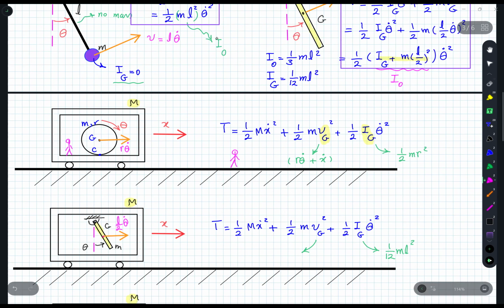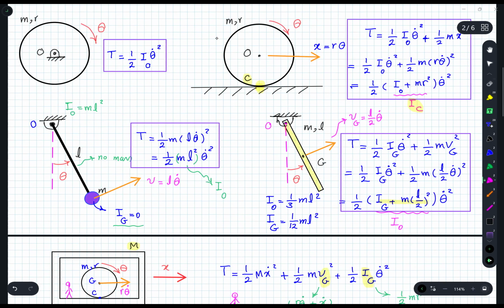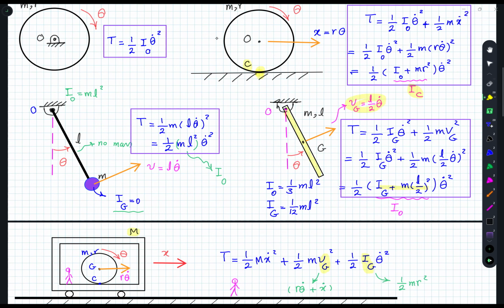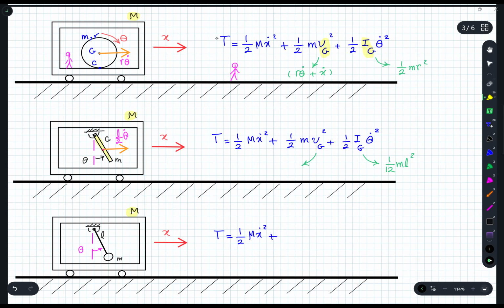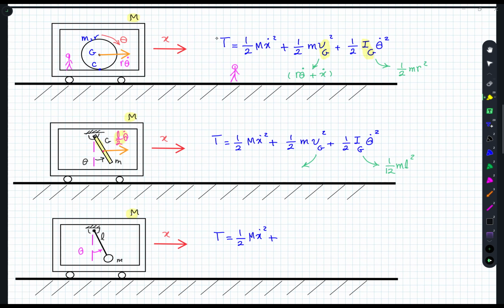All right, so I'm just going to go back one slide. It's exactly that relation there that we have, half of L theta dot. All right. So it's half of L theta dot. But since I assume theta is small, my Vg now is then half of L theta dot plus x dot.